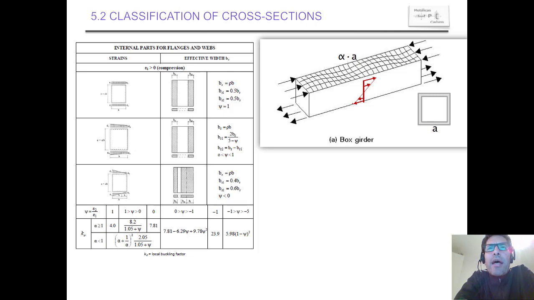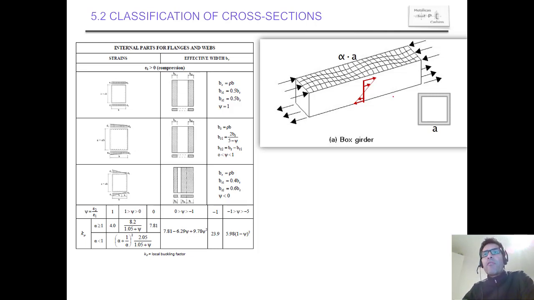We have here a box girder or a square hollow section, depending on the nature of the production of this element. And we know that this top flange is compressed, and this top flange is very long compared to its width.